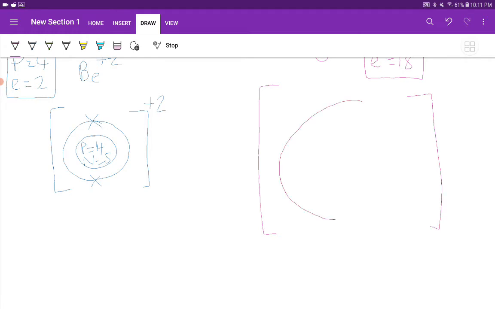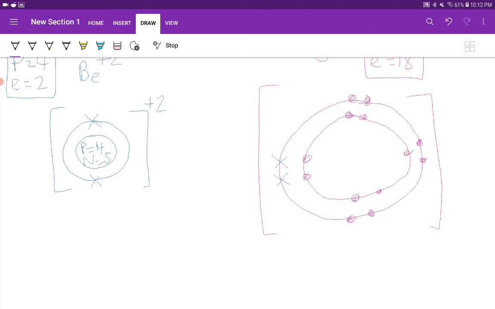Alright, so on our valence shell, we have the electrons and the 2 electrons that we got from beryllium. Here they are. So now is the time when you put them on the shell. Put on your second shell.